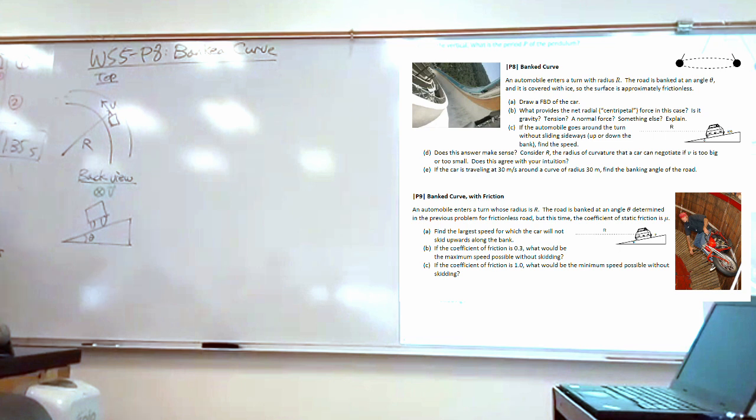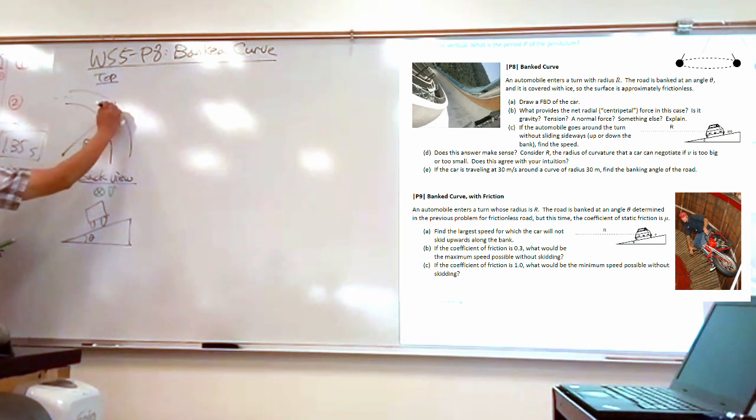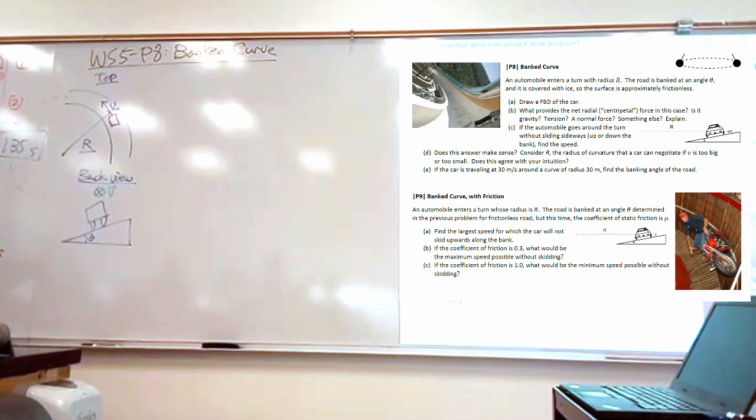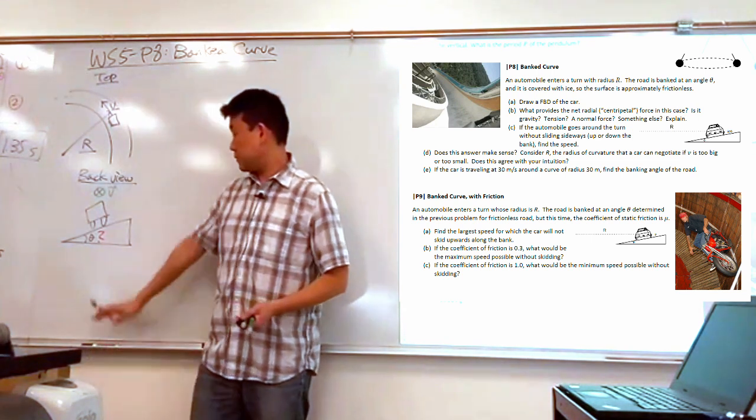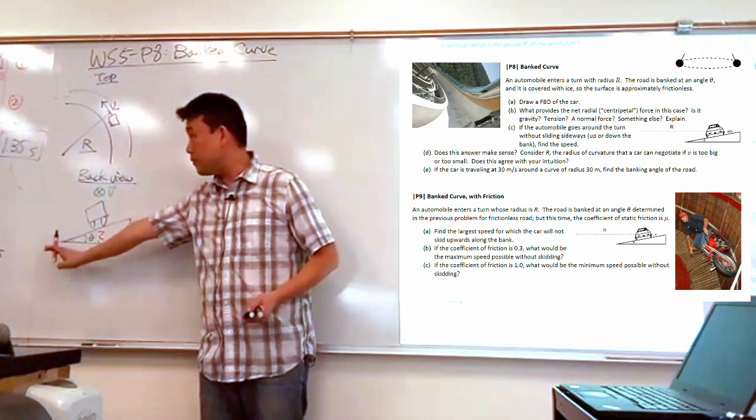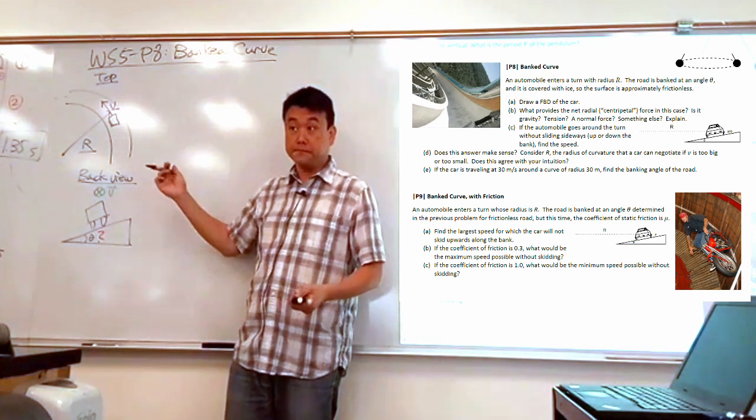You are specifying the radius of curvature and the velocity of the car, and the question is asking what should be the angle that the road is banked at so that the car doesn't slide down or up.